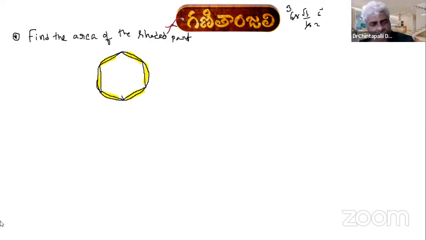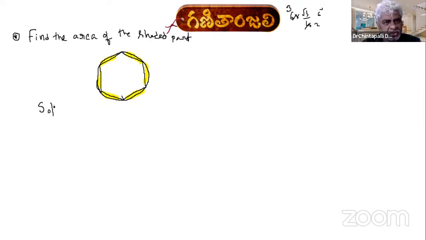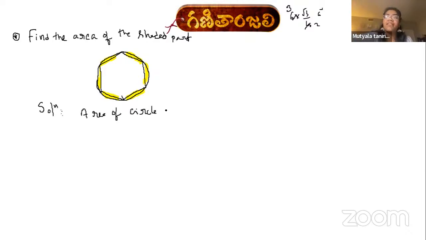Go ahead with the solution. So it will be area of circle, pi r square, minus area of hexagon.